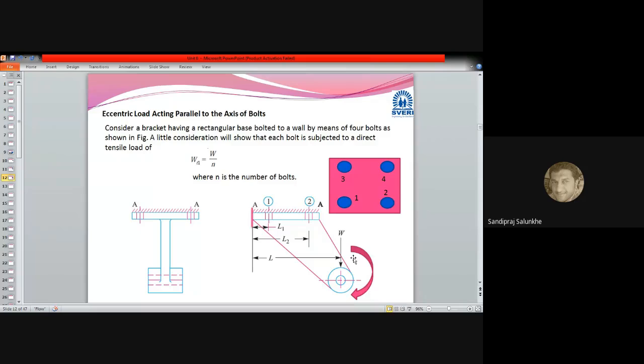This tilting effect will create additional pull, and that we are going to calculate. First of all, we have calculated the intensity, small w, because as the distance from this reference plane, the red plane, changes, the load is going to change. So intensity we have calculated and denoted by small w.